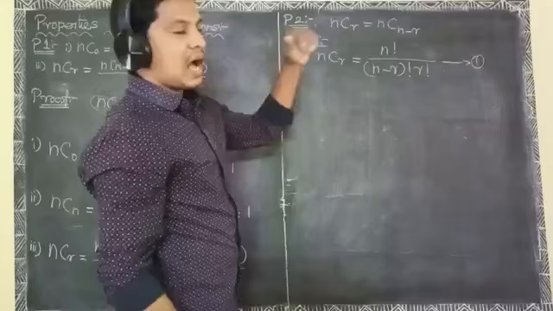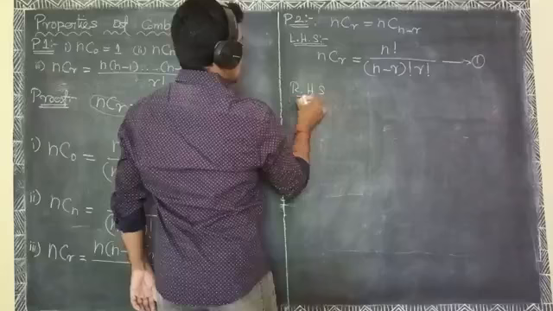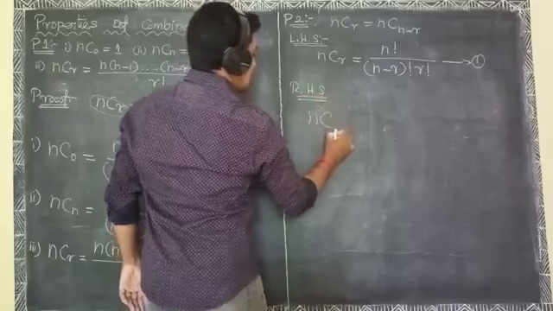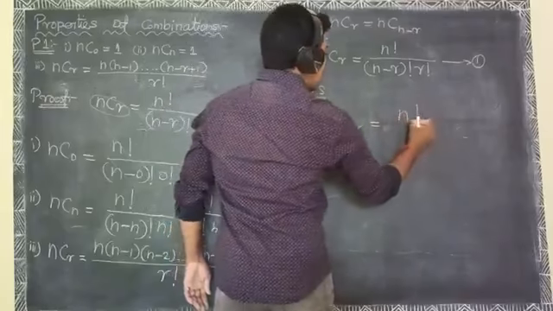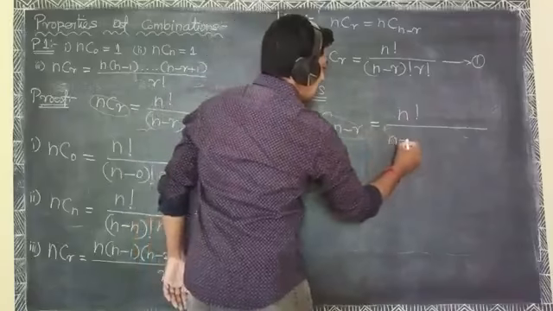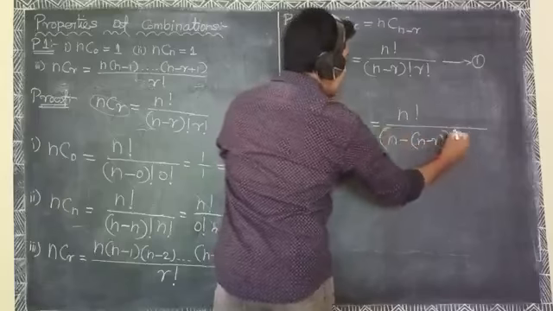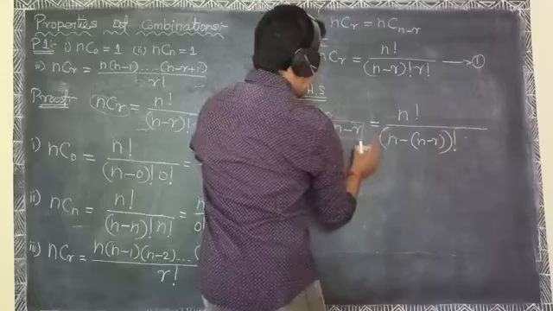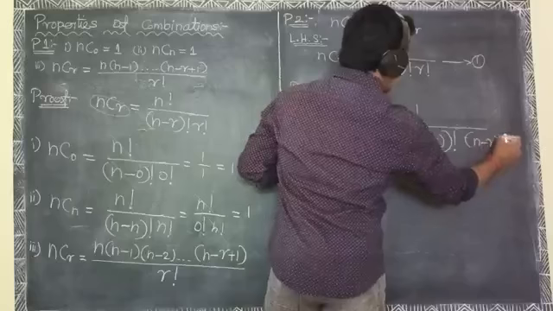Now we take the RHS, that is nC(n minus r), which is equal to n factorial divided by (n minus r) factorial into (n minus (n minus r)) factorial.